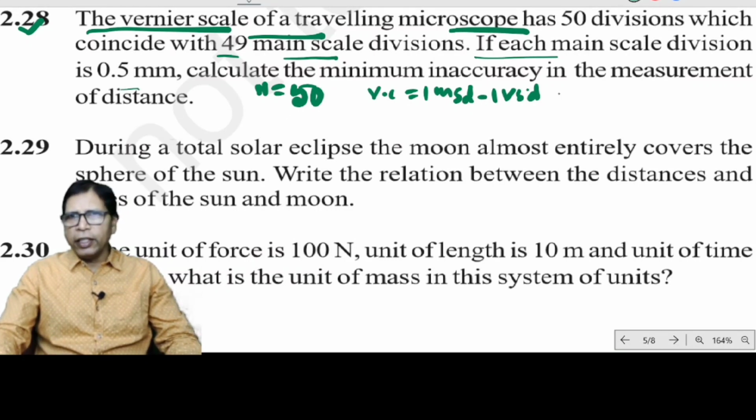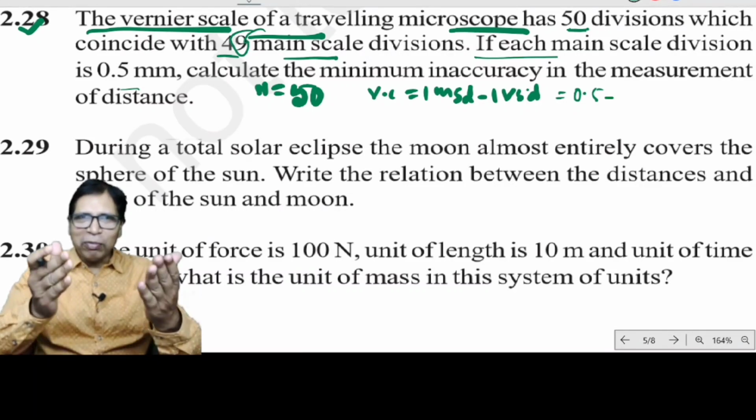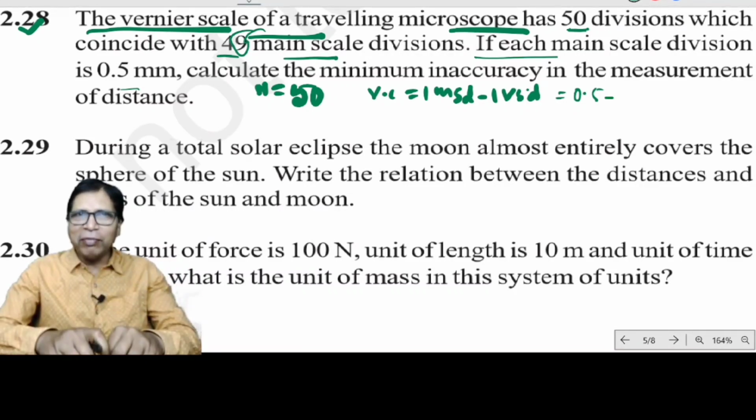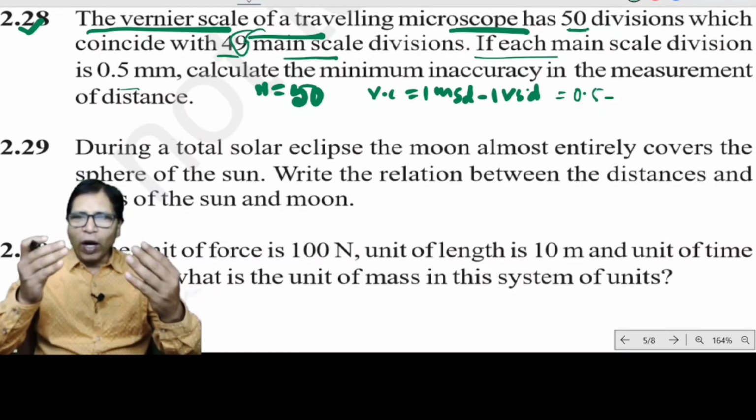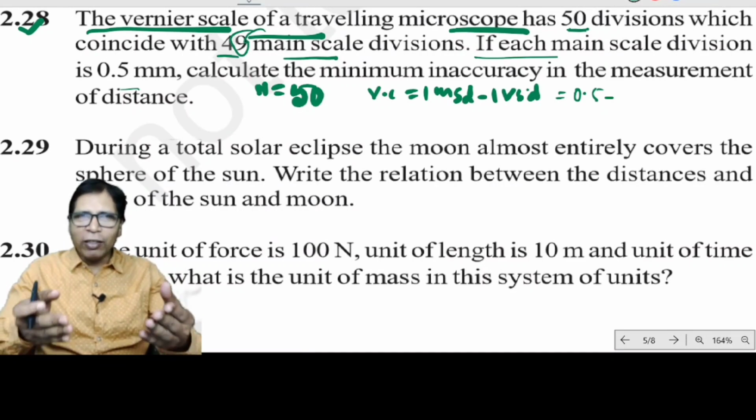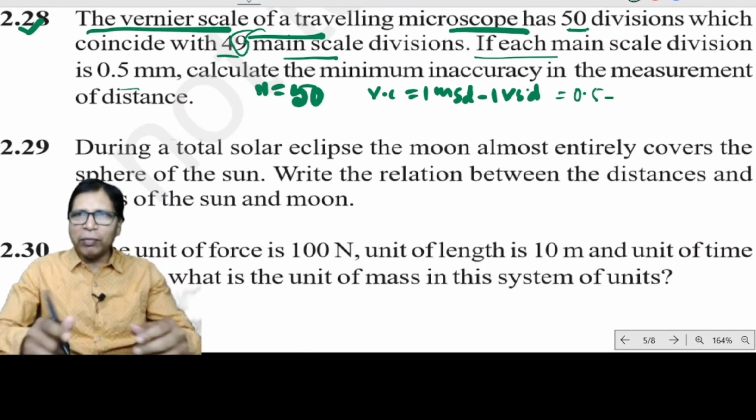Now 50 VSD equals 49 MSD, so 1 VSD equals 49 by 50 MSD.